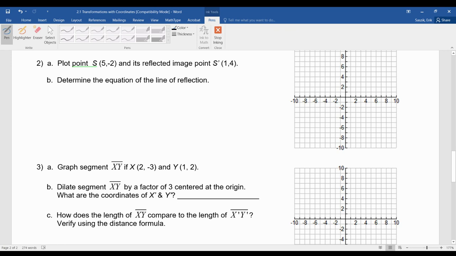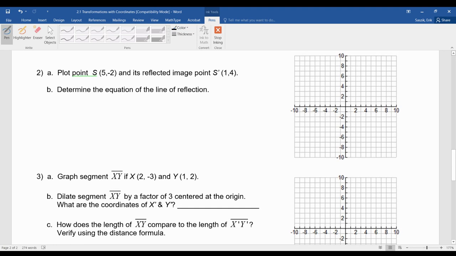Plot the point S and its reflected image. So S is (5, -2). Okay. Whoops, I always have this problem on this document. I don't know why. Hopefully I can get this thing to work. You see I had that disappearing ink. Let's see what happens here.